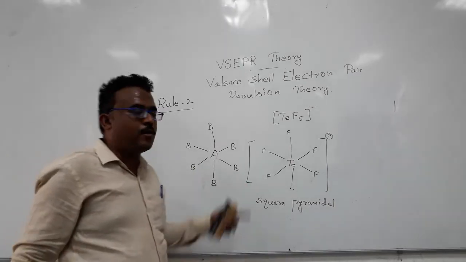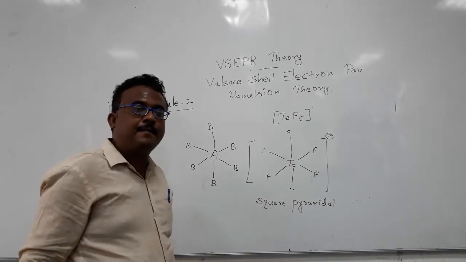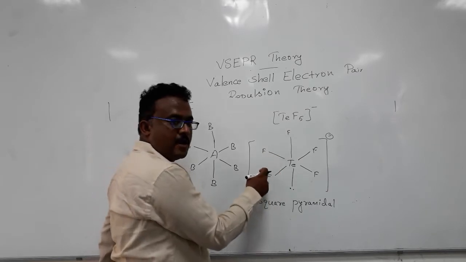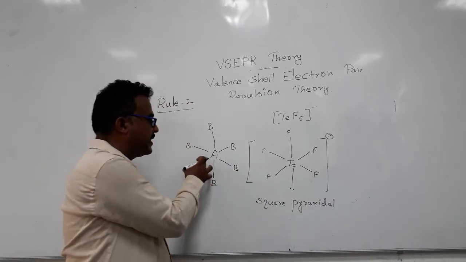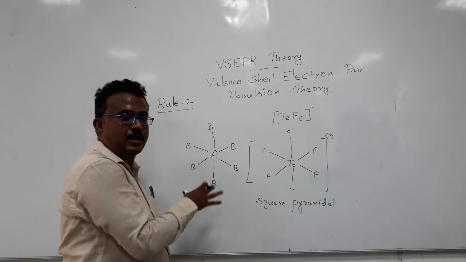Okay, and one more thing we can tell here: what about the bond length of TeF? Octahedral molecules have all AB bond lengths equivalent.